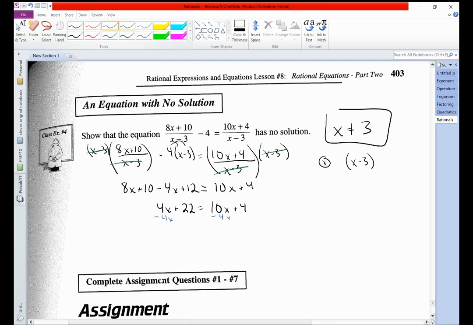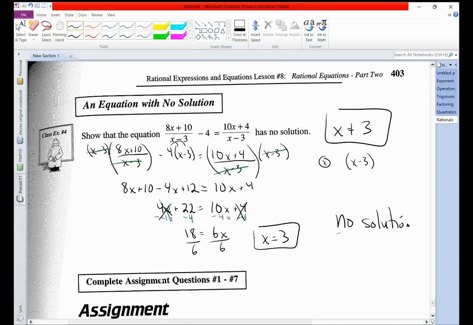And on the other side of the equation, I am going to subtract 4 from both sides. So now 4x and 4x cancels. And positive 4, negative 4 cancels. I'm left with 18 is equal to 6x. Divide both sides by 6. And I get x is equal to 18 over 6 is 3. That's my solution. But we have to reject that solution because it is a non-permissible value. So that means this has no solution.